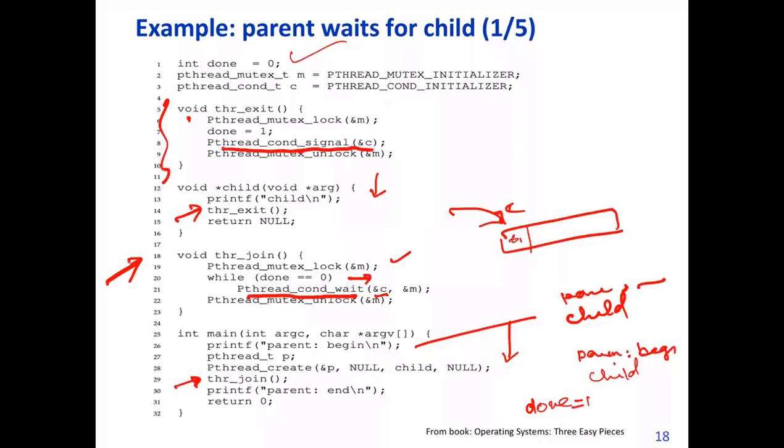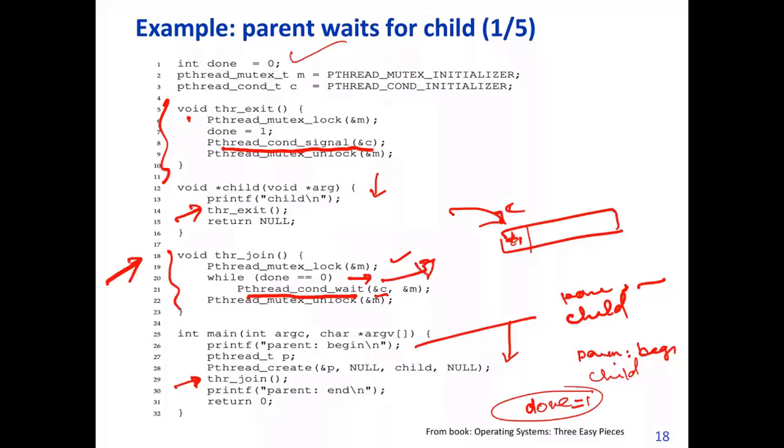So now this thread will wake up, right? It means the OS will put this into a ready queue. When this is scheduled, it will continue running from here. Now done has become 1. It went to sleep here at this point in time.